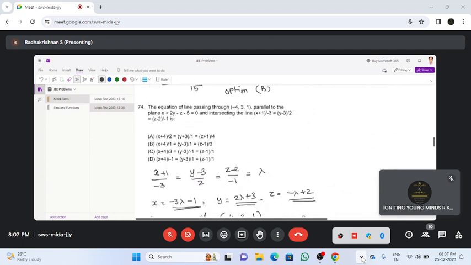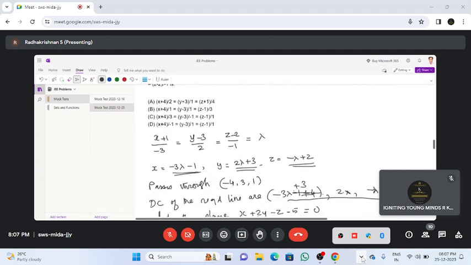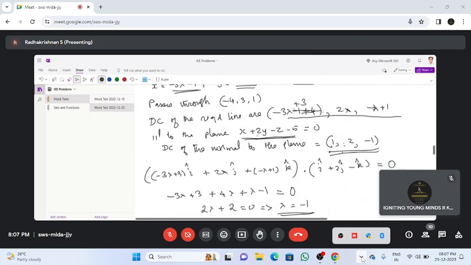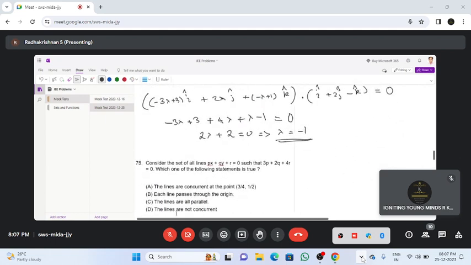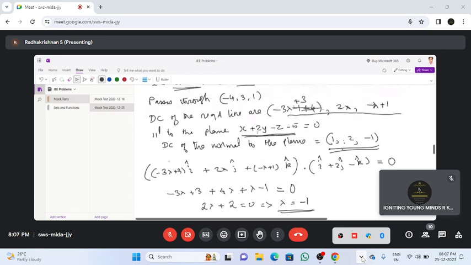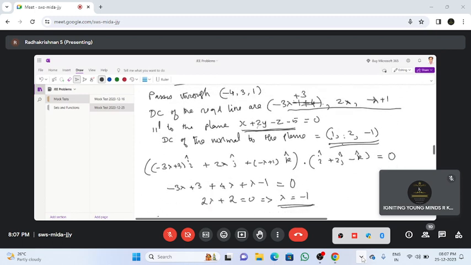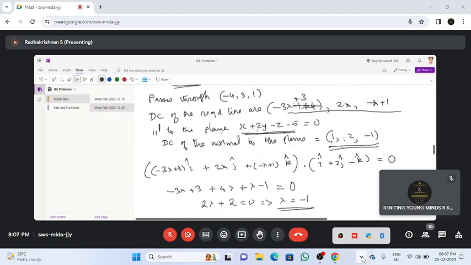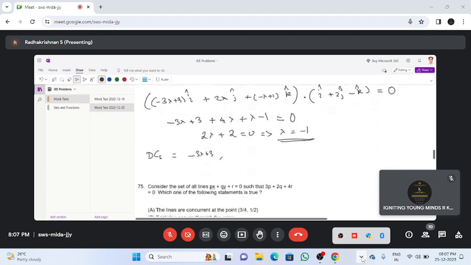So what next? The equation of the line is what is asked for. So now we can determine its DCs. Let's substitute lambda in the direction coefficients: minus 3 lambda plus 3, two lambda minus lambda plus 1.